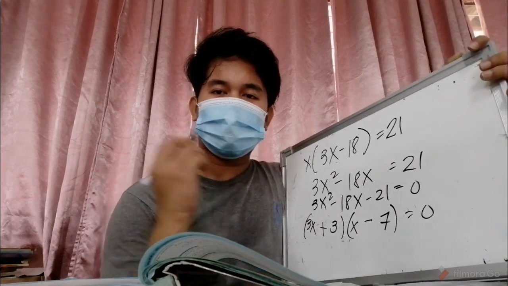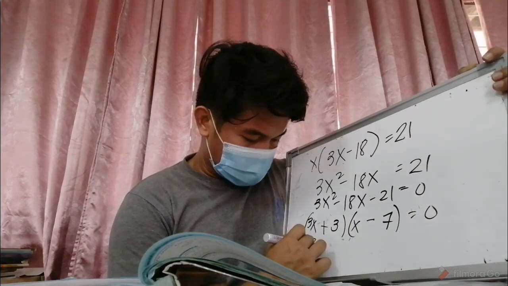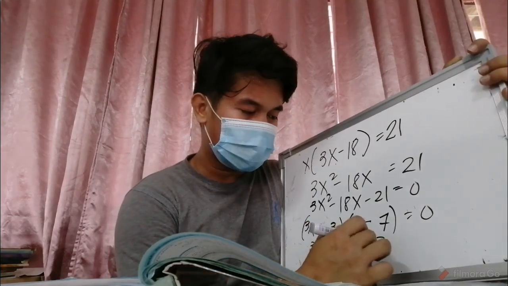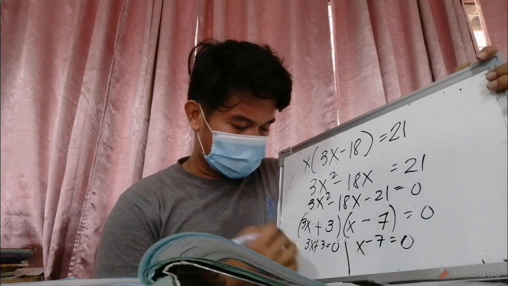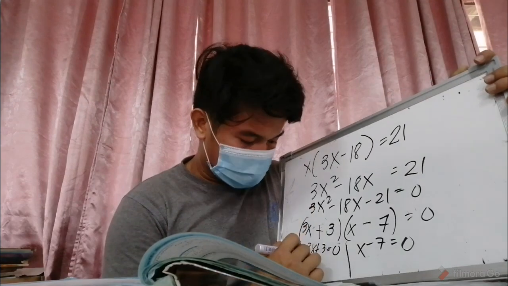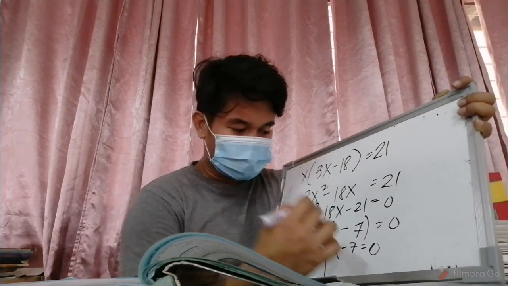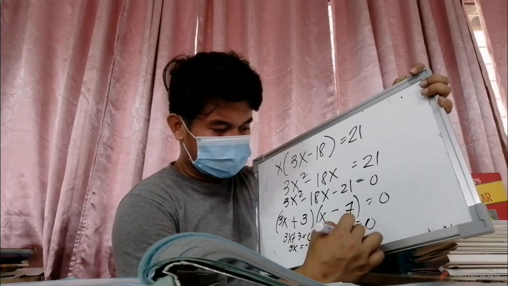And then by zero product property, we have 3x plus 3 equals 0 and x minus 7 equals 0. Then transpose the positive 3 to the right side, we have 3x equals negative 3, and negative 7 to the right side, we have x equals 7.